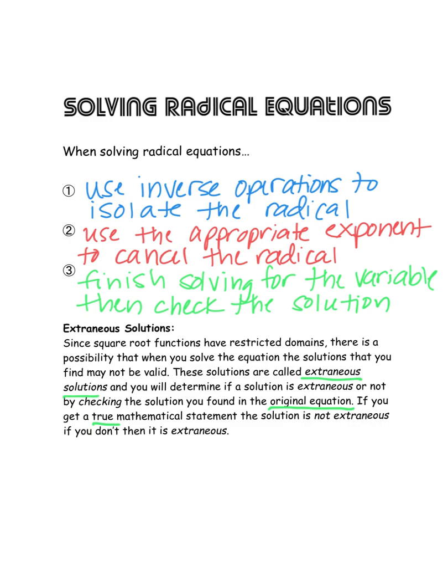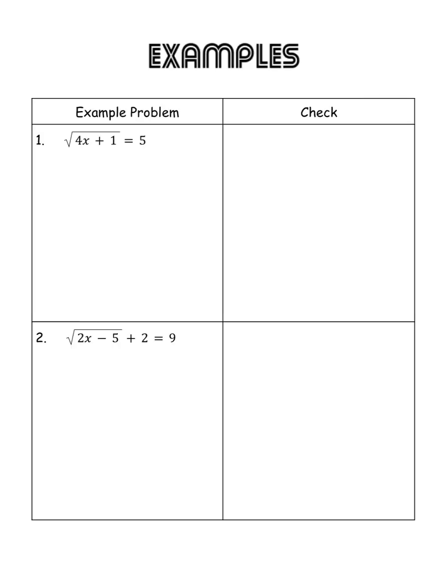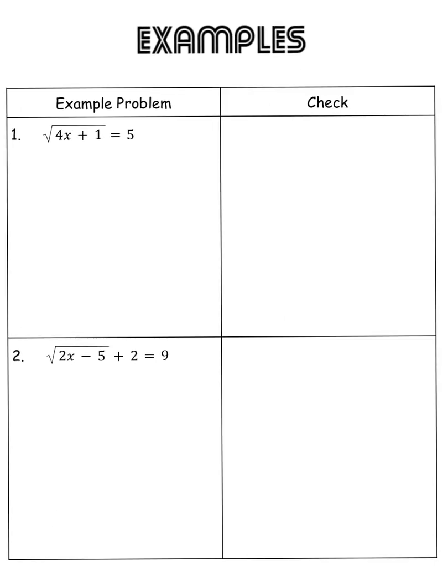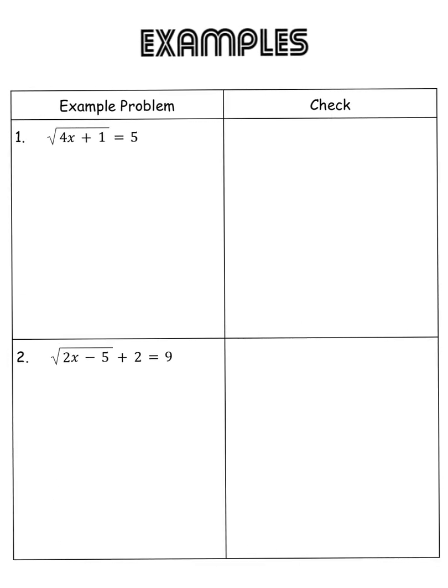If at any point in this video you need to pause to finish your green note sheet, please do. The first example, the square root of 4x plus 1 is equal to 5.